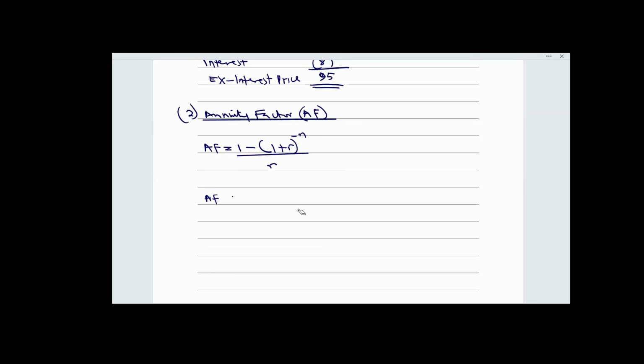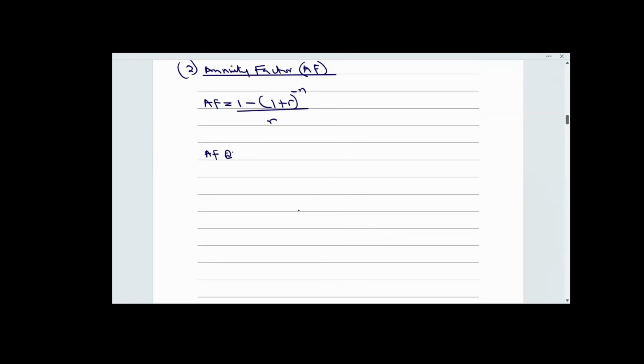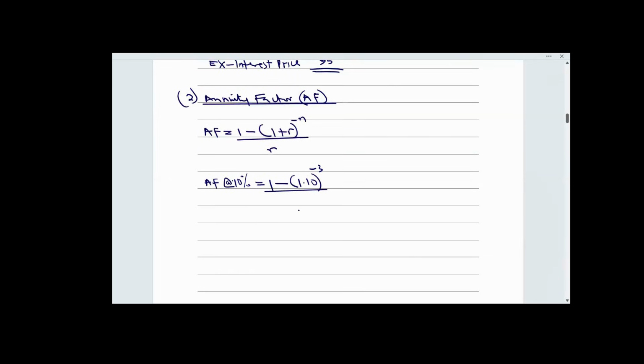Okay, so annuity factor at 10% will be equal to 1 minus 1.10, where r is the cost of capital of 10%. n is 3 years. That's the maturity date in 3 years' time. So 1.10 raised to power minus 3, divided by 0.10.